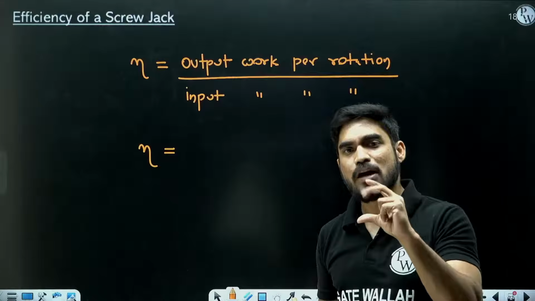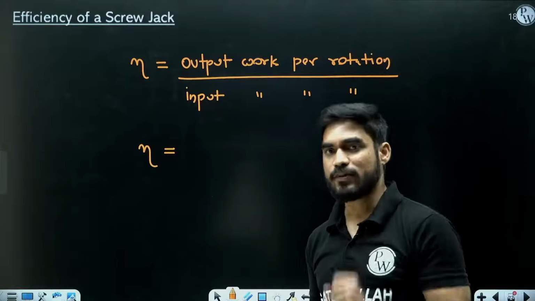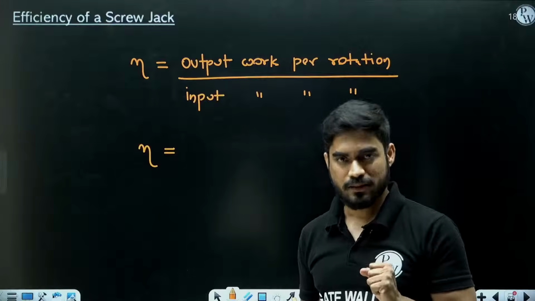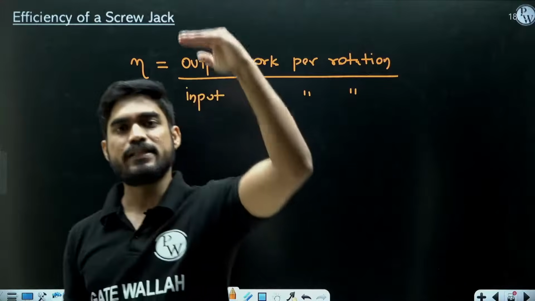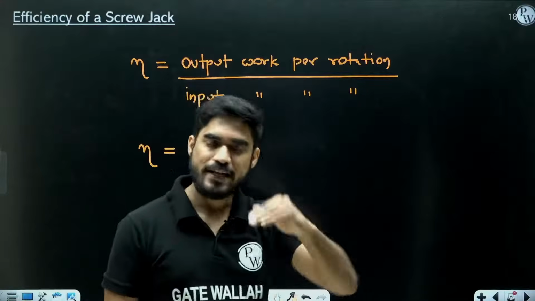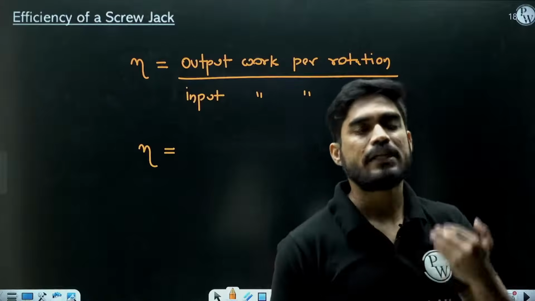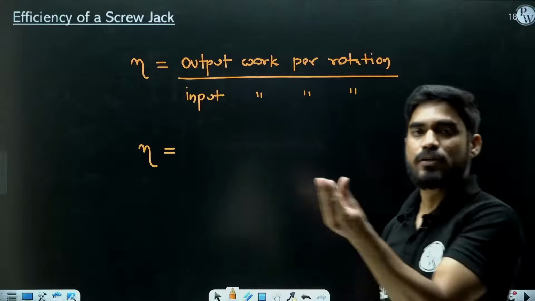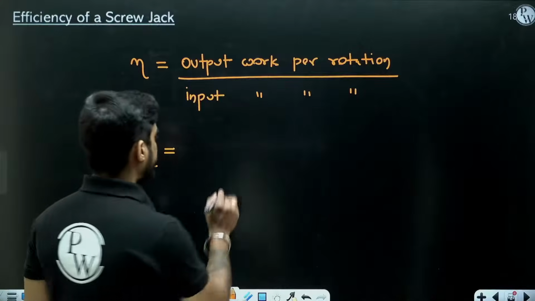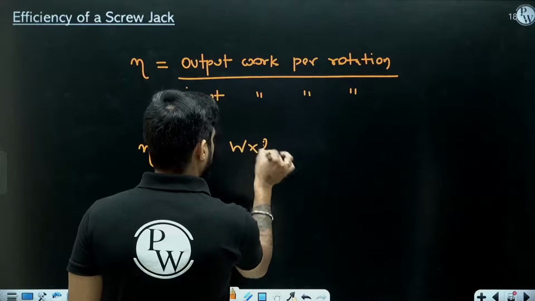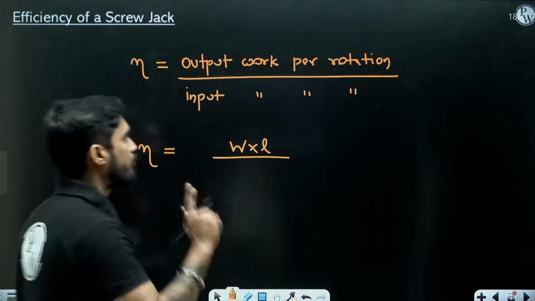And that W, how much it is lifted in one rotation? By L, lead, right? In one rotation the screw is lifted by L, so the weight is lifted by L. So what is work done? Force into distance, so W multiplied by L. This is your output work done in one rotation.